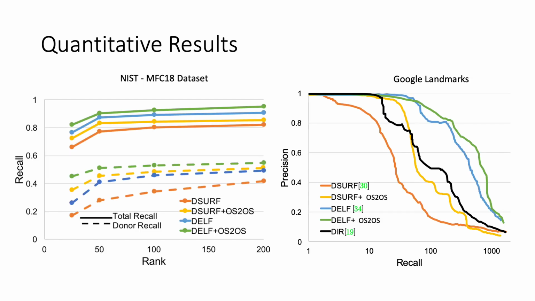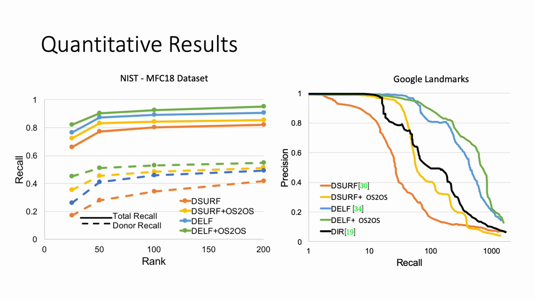And additionally, in the NIST MFC 18 dataset, which contains a lot of composite images, we find that it performs not only better on the total recall of the dataset, but also the donor-only recall of the dataset, which is retrieving only those donor-related images.